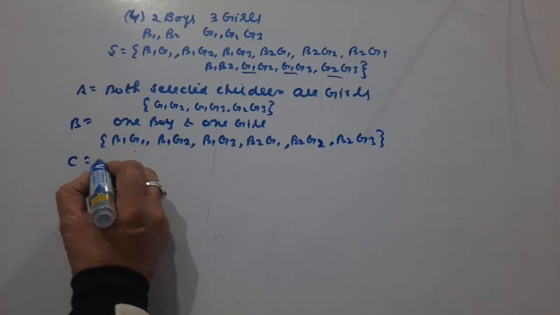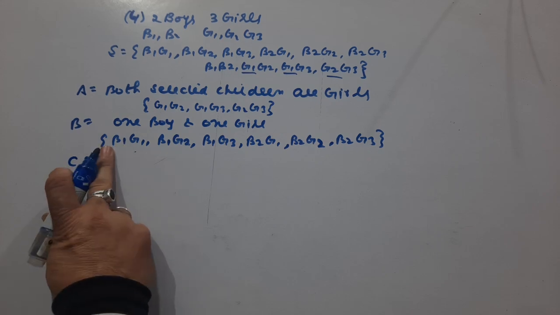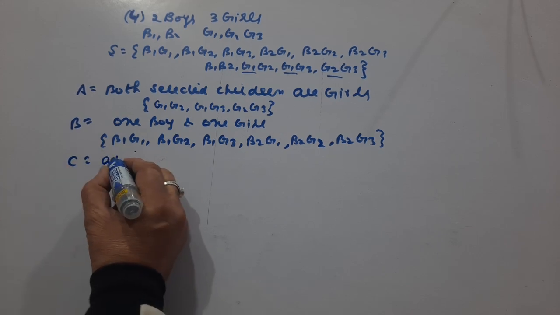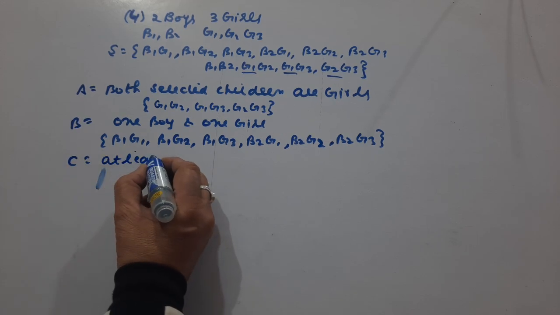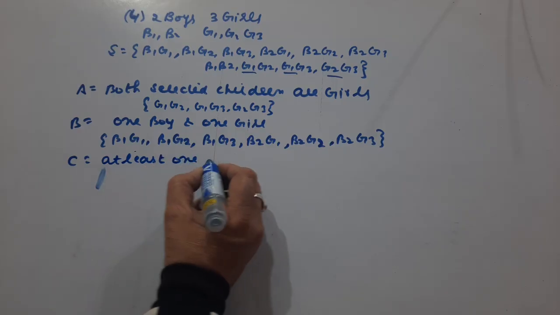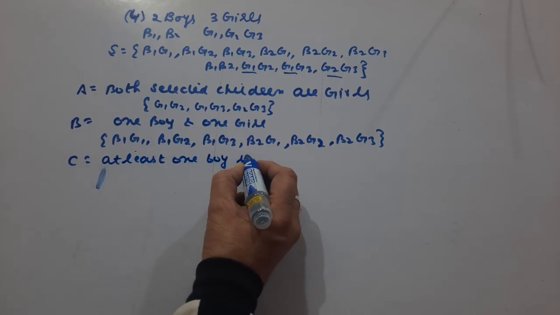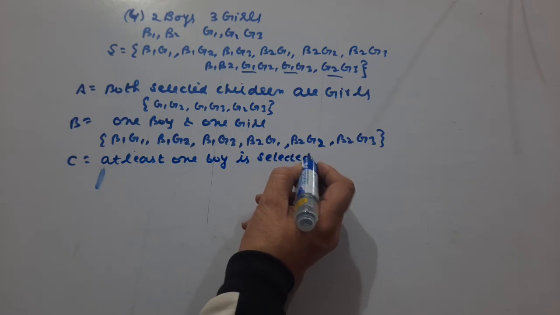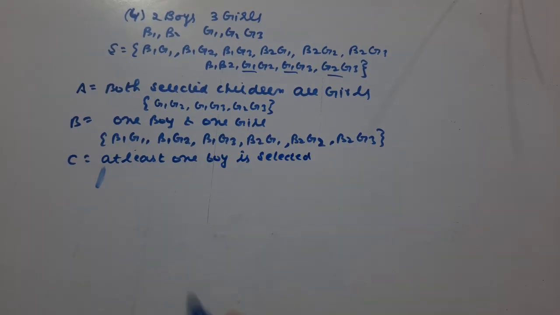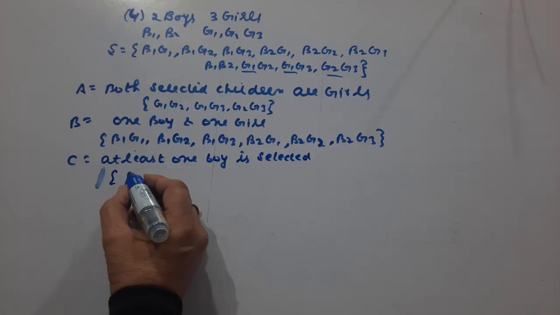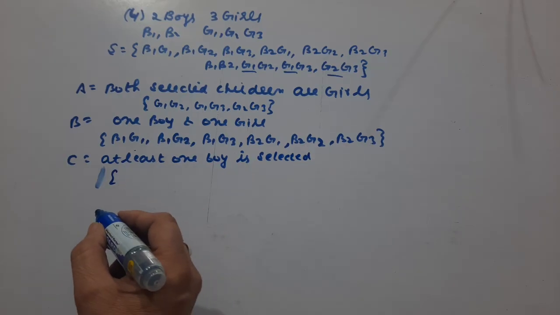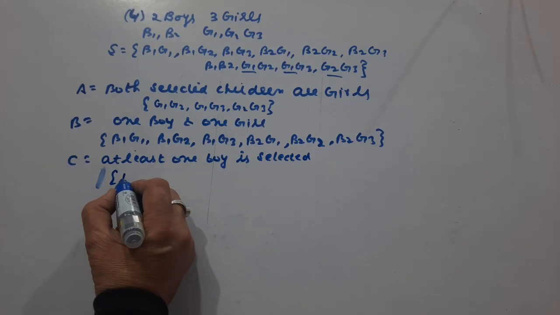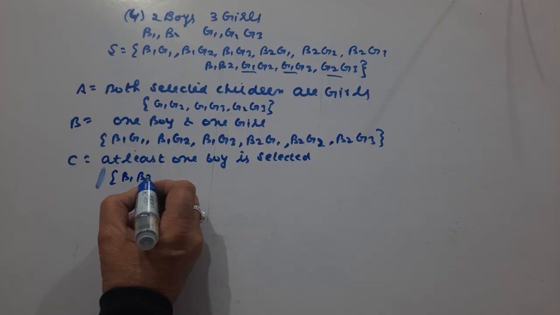Event C is that at least one boy is selected. At least one boy means there may be 2 boys also. So B1 B2 can be here.